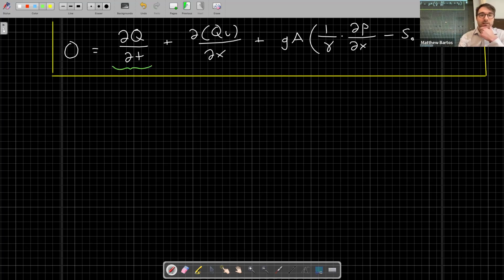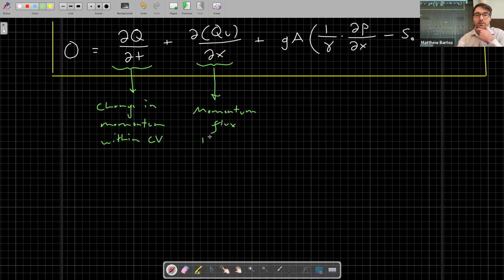This term here represents the change in momentum within our control volume. This term here represents the momentum flux through the control volume. And then these three terms here represent our different forces.